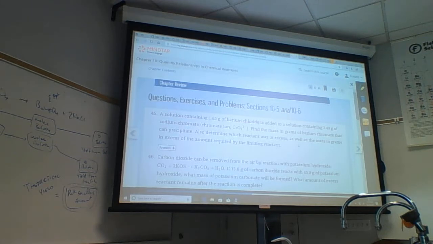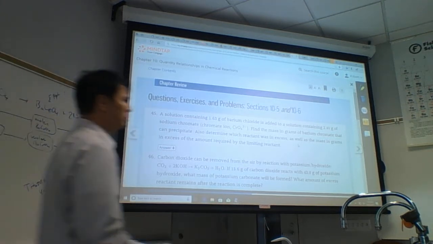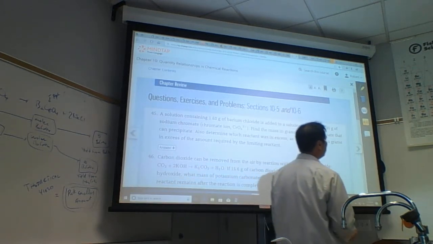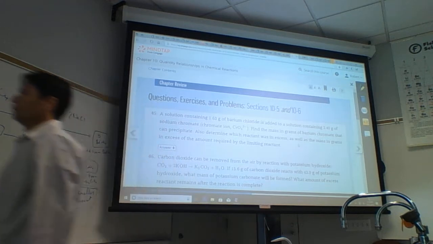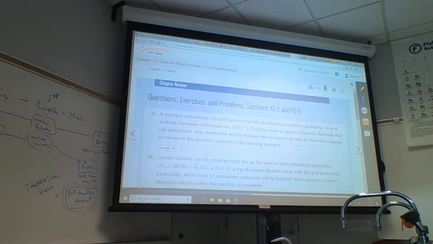And then we have to calculate the molar mass of barium chromate. Barium's 137.33. Chromium, off this periodic table here, is 52.00, and then 4 oxygens.